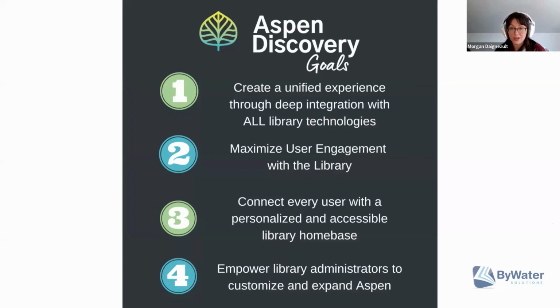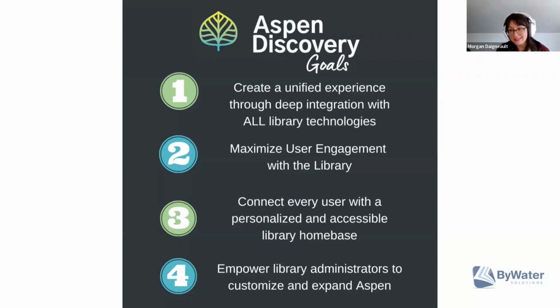Today, we're going to look at some really cool integrations with different library technologies like events, archives, databases, and so on. So everything that your library has, as much as possible, we want to make sure those things are discoverable in Aspen.